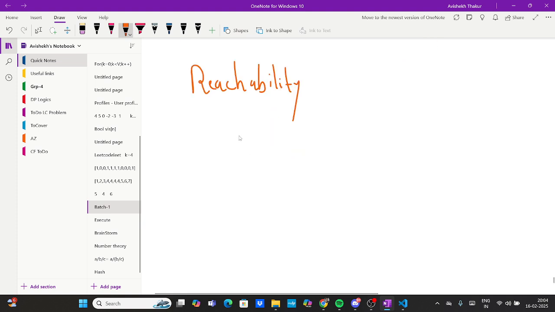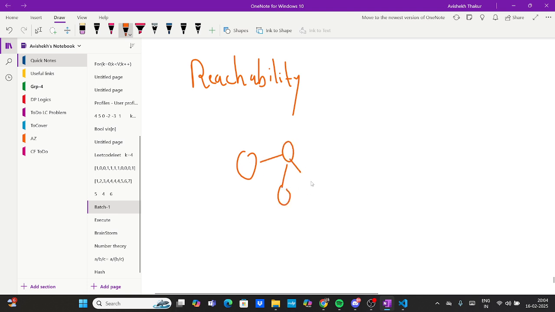Reachability means, let's say we have some graph. Let's number the nodes 0, 1, 2, 3, 4, 5, 6. Can you reach from 1 to 6?